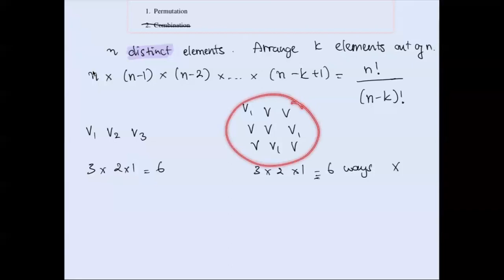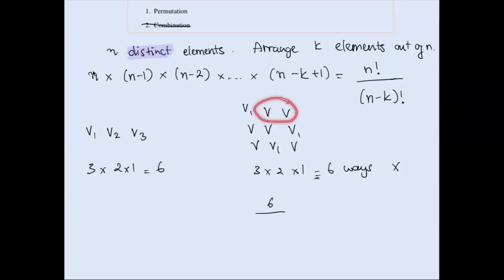So why is it different between this one and this one? Because for this one, whether this V goes first or this V goes first, it doesn't matter. It will give you the same thing. If this V goes first and this V goes after, you still have V and V. Or this V goes first and this V goes after, you still have V and V. Which means you would have to take the number of ways that you arrange 3 distinct elements and divide it by the number of ways that you can arrange these 2 V's as if they are distinct objects.